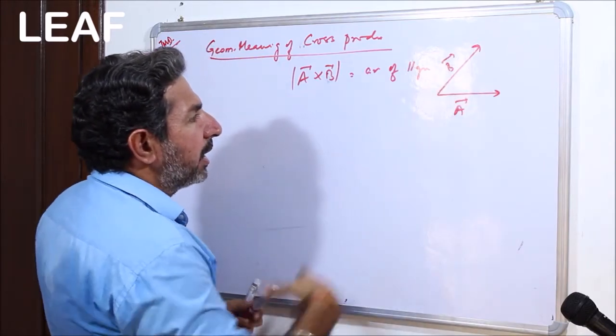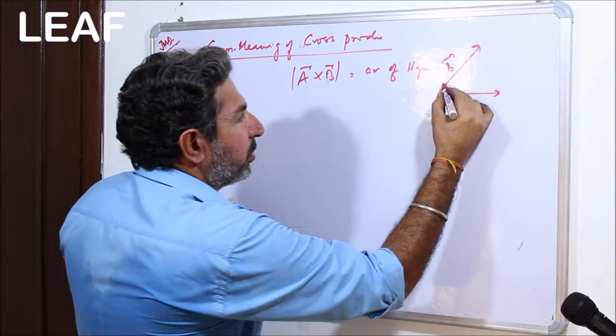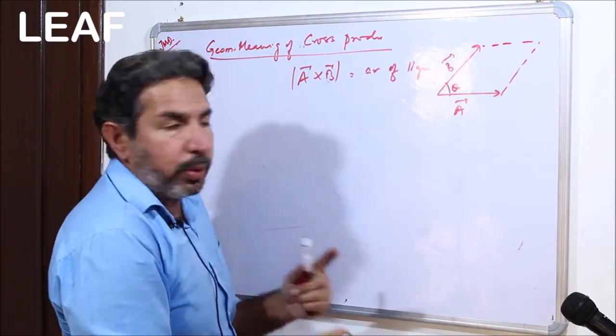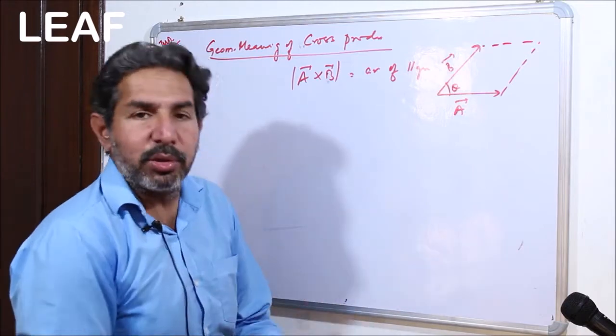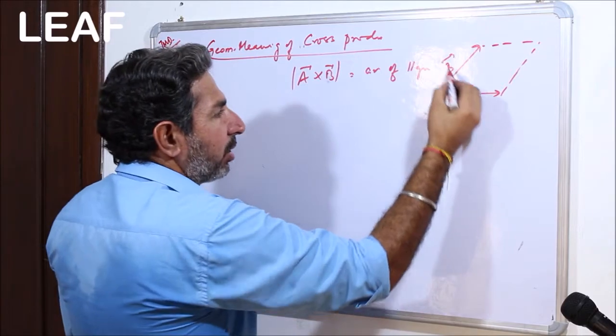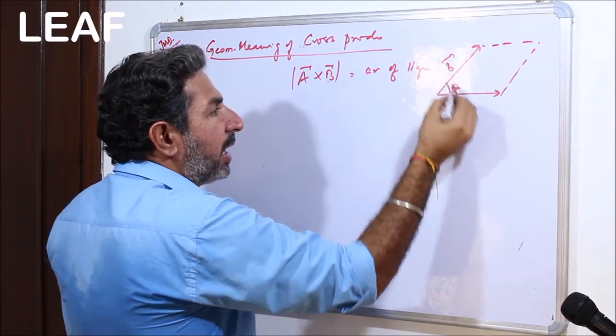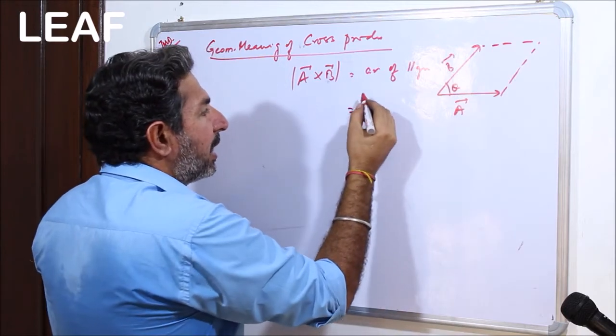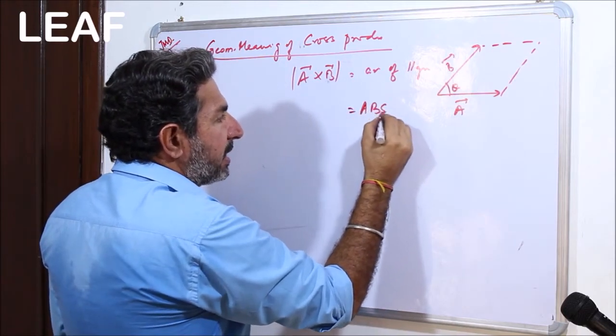Okay, so if I say this is the angle theta and this is the parallelogram, and like we have quickly reviewed the triangle law of vectors, you also know the parallelogram law of vectors and even the polygon law of vectors, right? So A and B are the two adjacent sides of the parallelogram. Then the area of the parallelogram is given by AB sine theta.